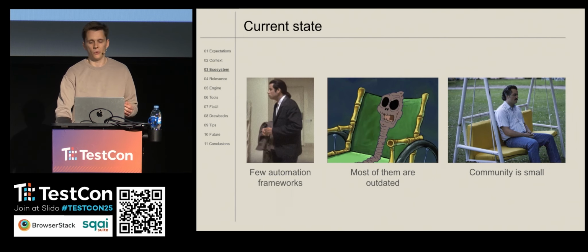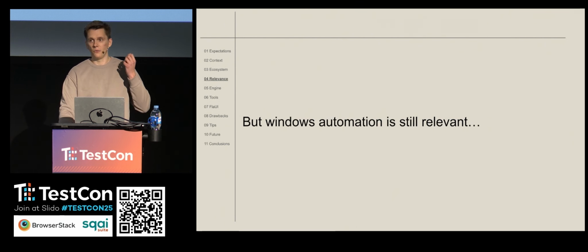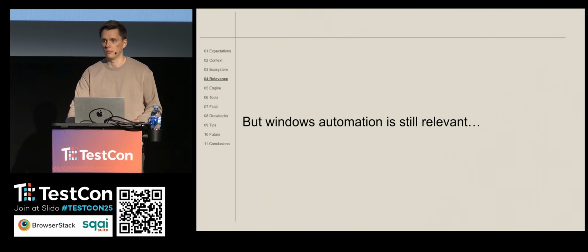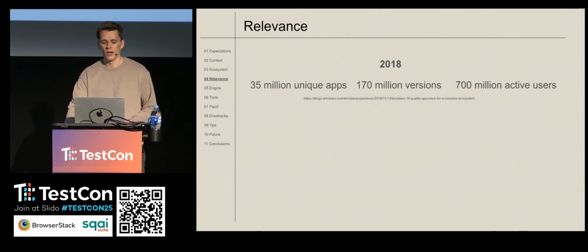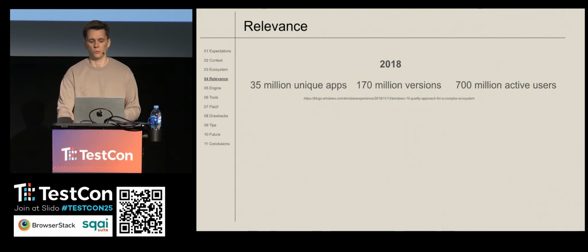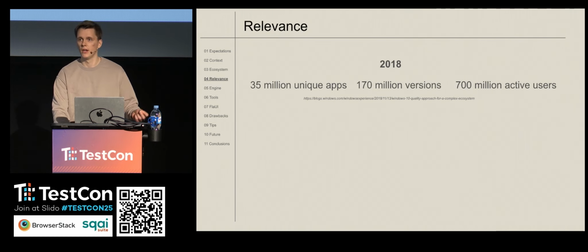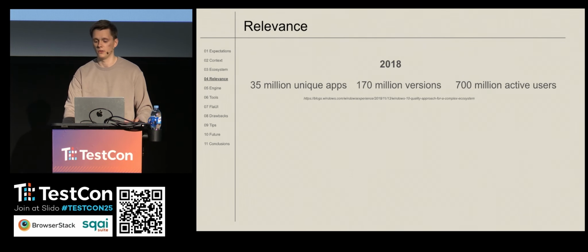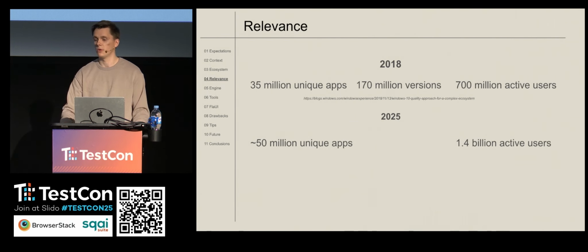And even though we have those problems, Windows automation is still really relevant, because if we check the statistics, in 2018, Microsoft shared those accurate numbers: 30 million unique apps, 170 million unique versions, and 700 million users. Then let's check what stats we have now.